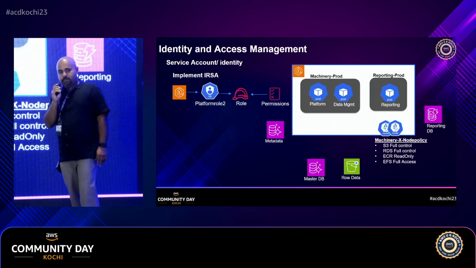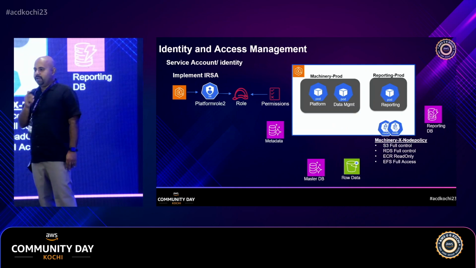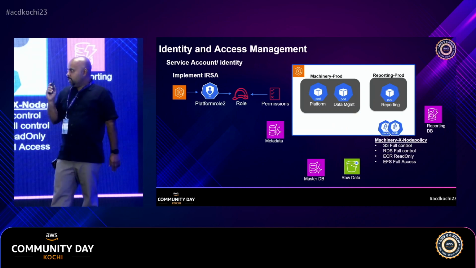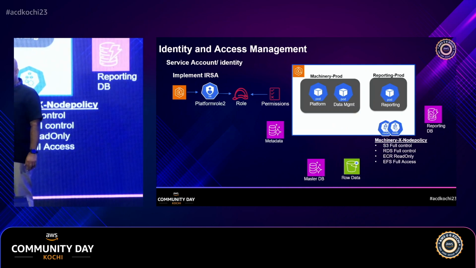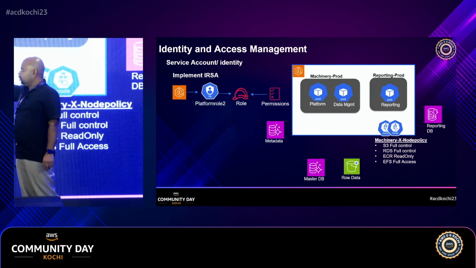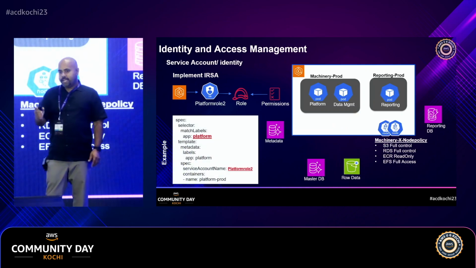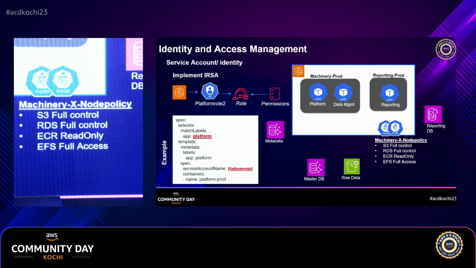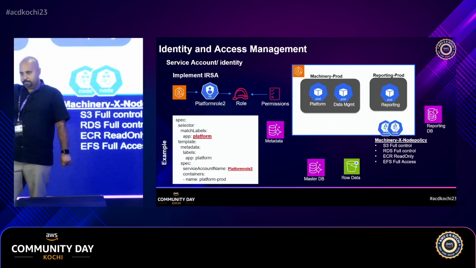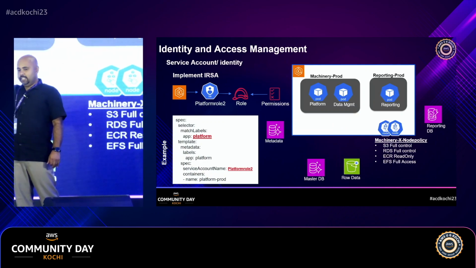In the other one, the permission sets are from the Kubernetes level. The first action we did for the pods or containers that need to talk to services was to define dedicated service accounts.